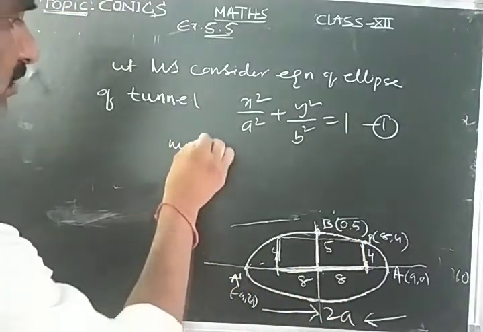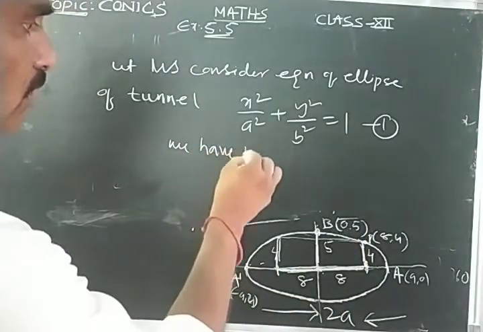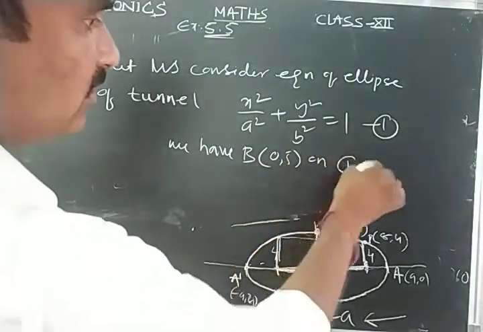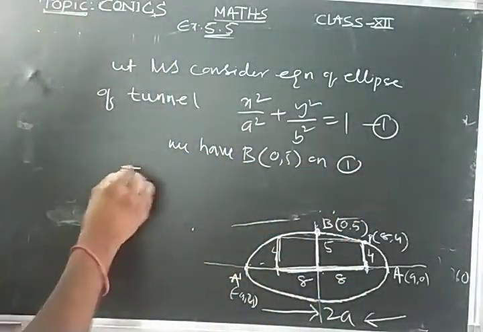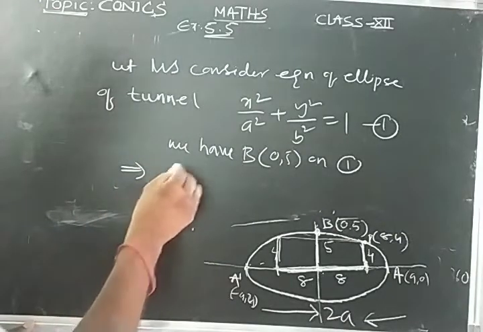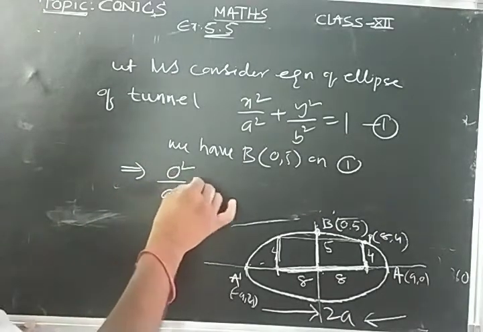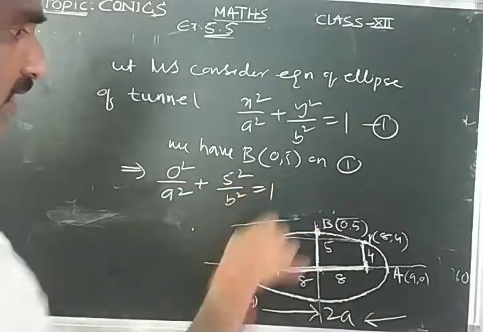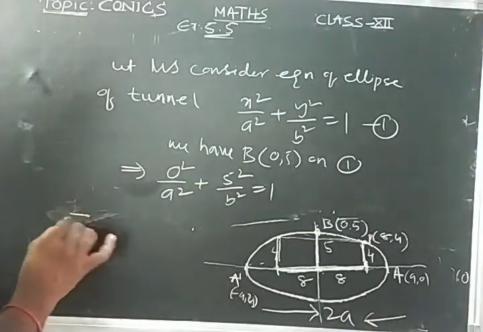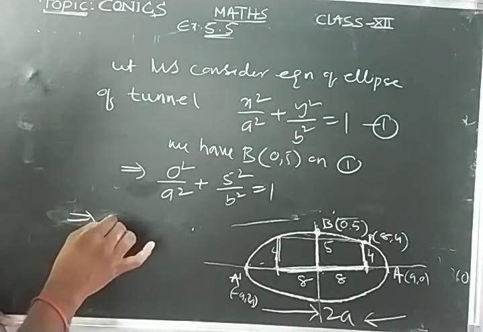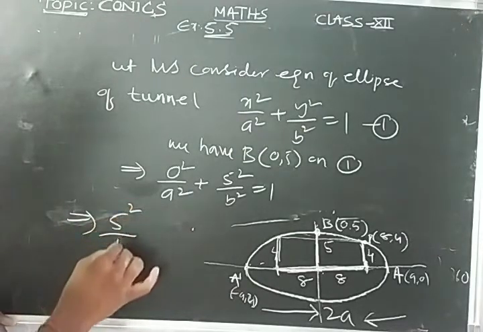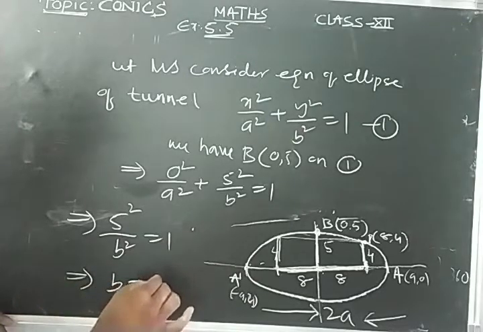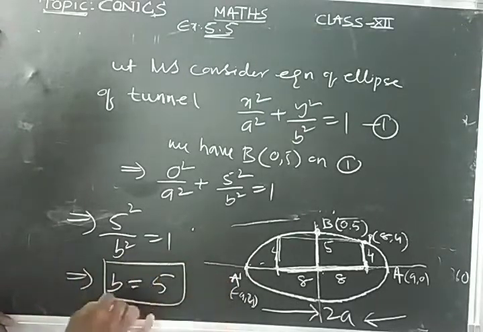We have one point on the ellipse, B, the point 0, 5. So substitute 0, 5 in the equation. You will get 0 square by a square plus 5 square by b square is equal to 1. From this equation you get 5 square by b square equal to 1, so b equals 5. Now I got the b value.